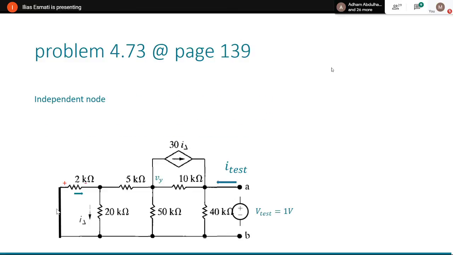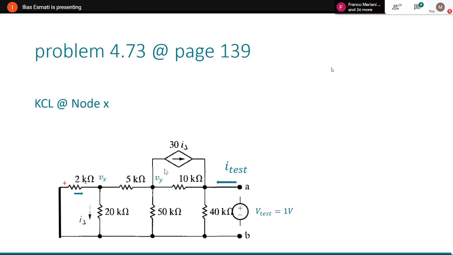So there's an independent node there, and it doesn't matter how we put the current direction. Let's say I do not know at this point the VX, the voltage at this node, but I can find it. The way I can find it is by applying KCL, Kirchhoff's current law.